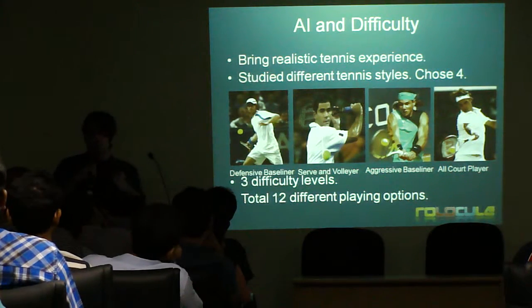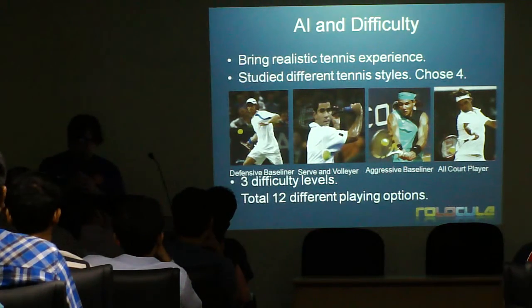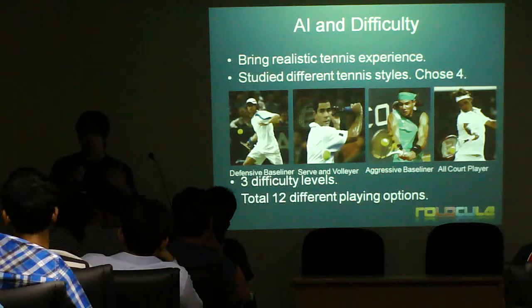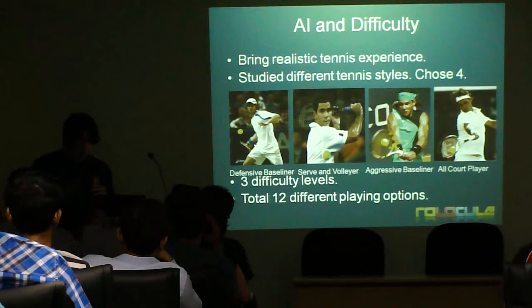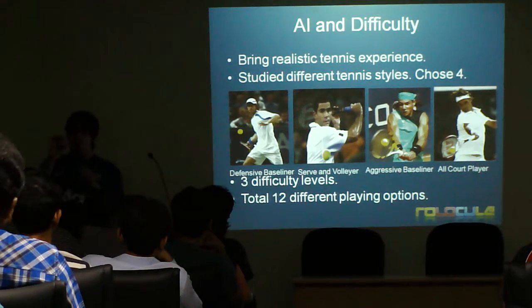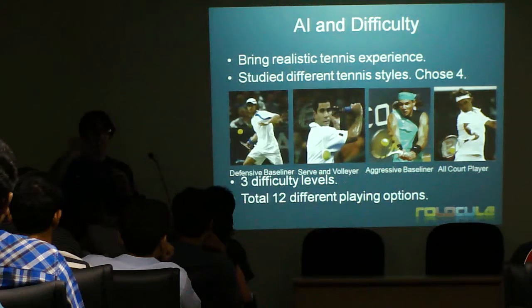So the AIs were designed based on these 4 categories to bring those tennis enthusiasts the realism that we wanted to provide, right? We also had the standard 3 difficulty levels: professional, amateur, and beginner. So there were totally 12 different playing options that we presented to the user with different star ratings, and in the game you can decide how the difficulty balancing is happening.